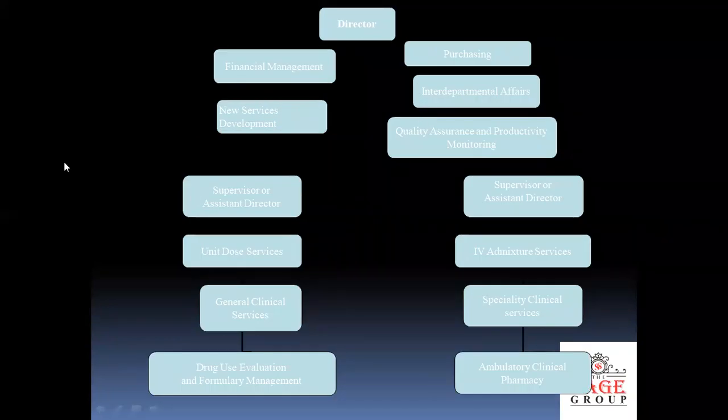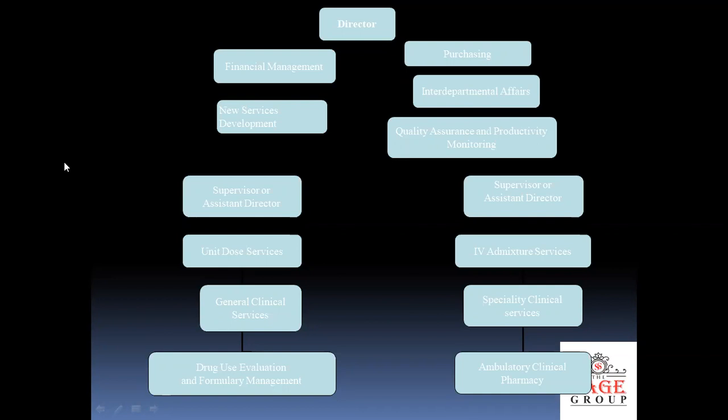This is another organization chart. Director, financial management, new service department, supervisor or assistant director, unit dose services, clinical services, and drug use evaluation and formulary management.